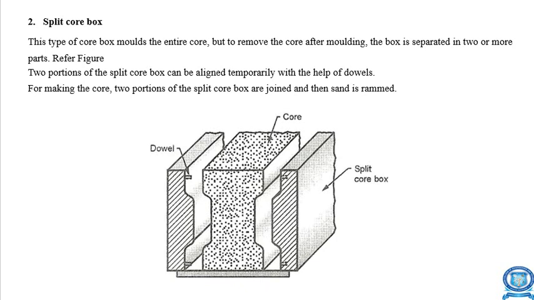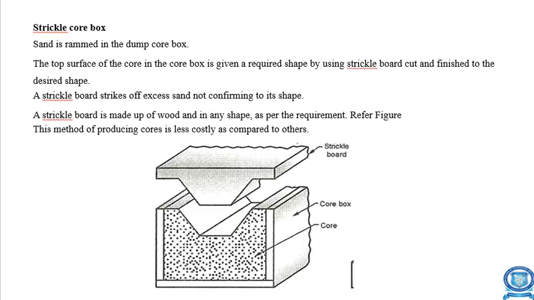For making the core, two portions of the split core box are joined and then sand is rammed. After ramming, the dowel pins are removed and the split core box is moved away to get our core.